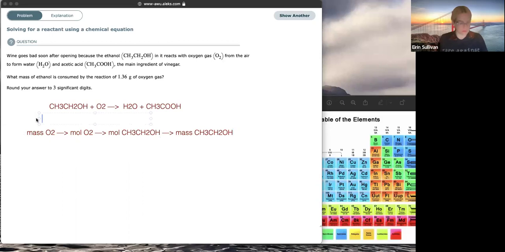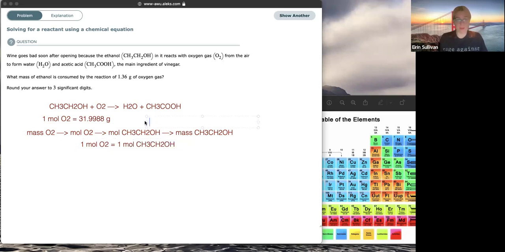So the molar mass of oxygen, every 1 mole of O2 is 15.9994 times 2. It's 31.9988 grams. This is how quickly you can do this, okay? From the balanced chemical equation, 1 mole of oxygen is equivalent to 1 mole of CH3CH2OH, okay?